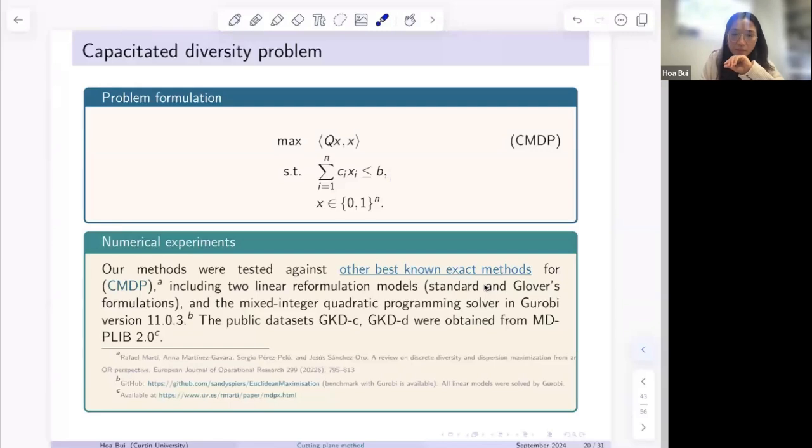We test our methods against the best known exact methods for this class of problem. You can see a review paper here. They discuss different heuristic and exact methods for solving this problem. At the moment, the best known exact method is the Glover linearization. And we also test with the quadratic programming solver in recent Gurobi on the public data set, public here.